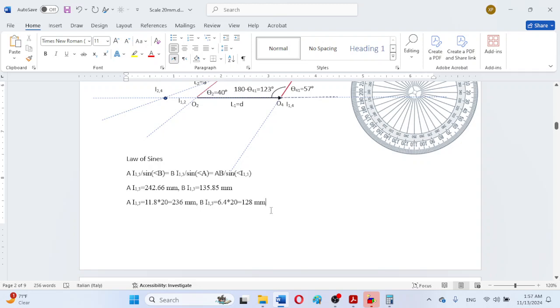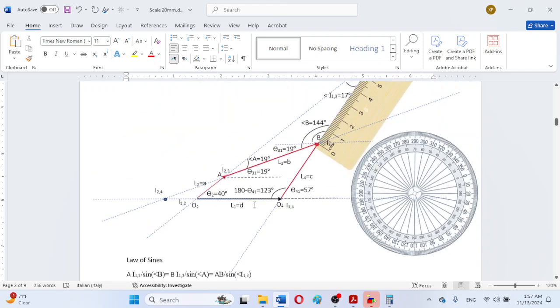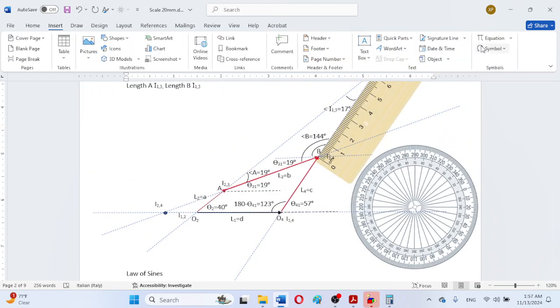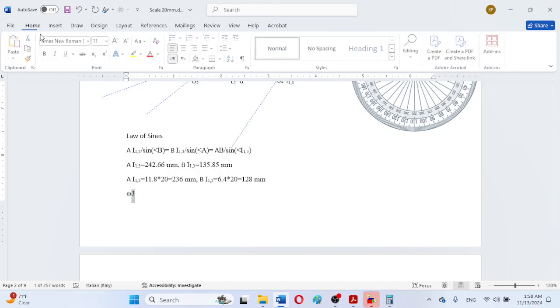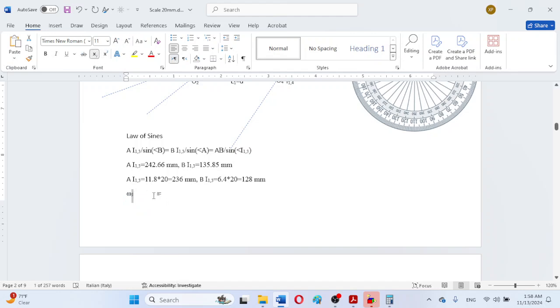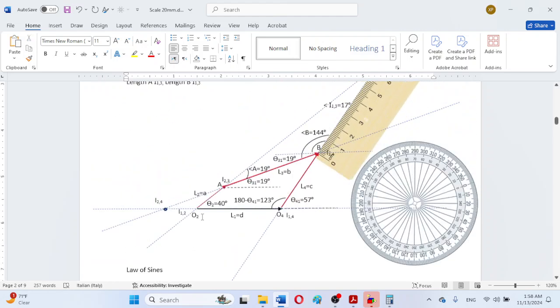So once these lengths have been calculated graphically and trigonometrically, now we will be determining omega 3. For example, we can just type here omega subscript 3 here like this, I1,3.